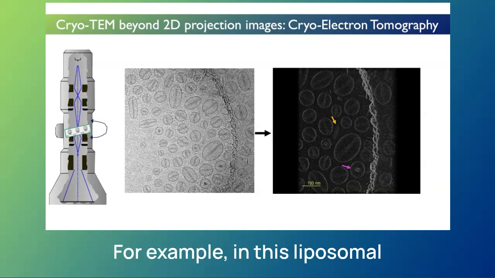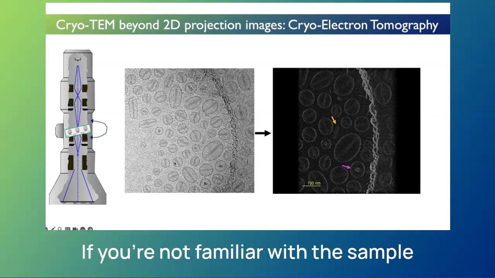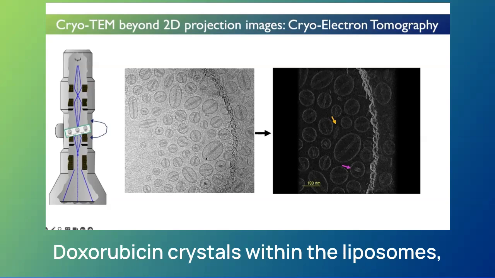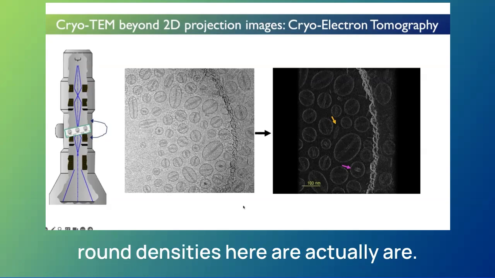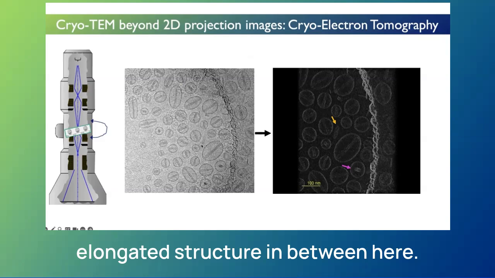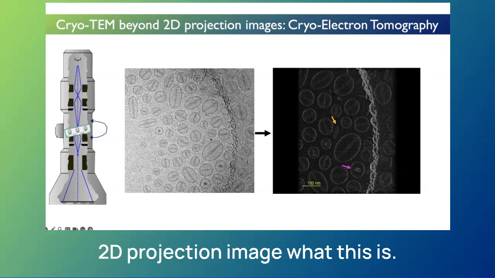For example, in this liposomal doxorubicin product, if you're not familiar with the sample in Cryo-EM, you may recognize the doxorubicin crystals within the liposomes, but you may wonder what these round densities here actually are. And then there's some faint elongated structure in between here, and it's not directly clear from the 2D projection image what this is.